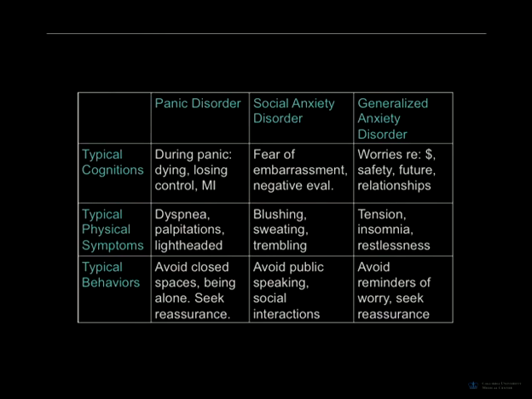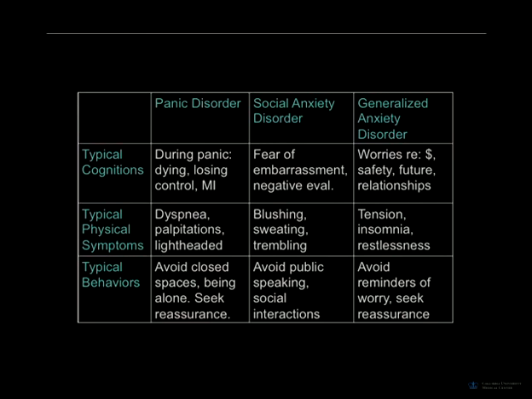The physical symptoms overlap quite a bit across different anxiety conditions, but there's some differentiation. As I mentioned, in panic, you're more likely to get dyspnea, sensations of shortness of breath, hyperventilating. People often get palpitations. They may feel lightheaded, related probably to the hyperventilation.